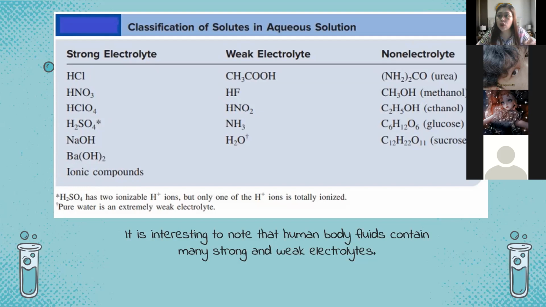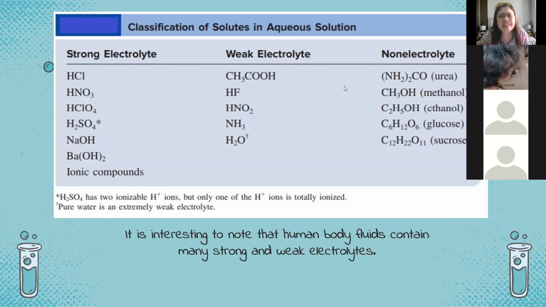Example, hydrochloric acid, si HCl. Kapag nilagay natin siya sa water, HCl will be separated into its components, hydrogen and chloride. And those two will have charges. So complete ang ionization. Kaya siya tinatawag na strong electrolytes.